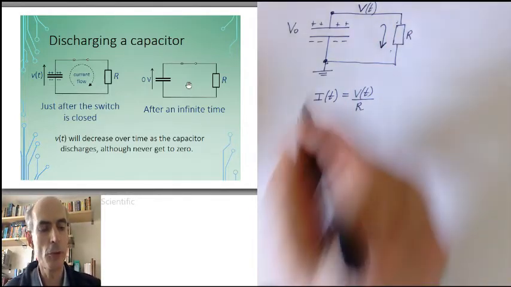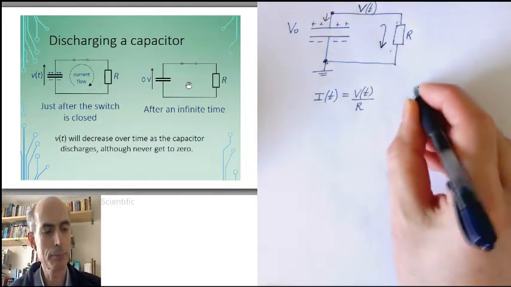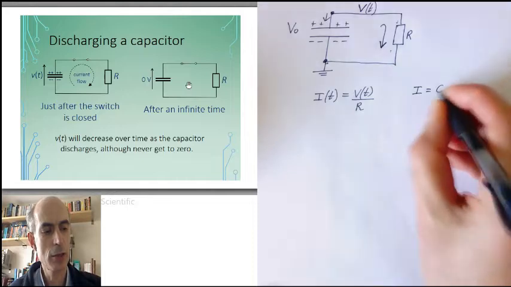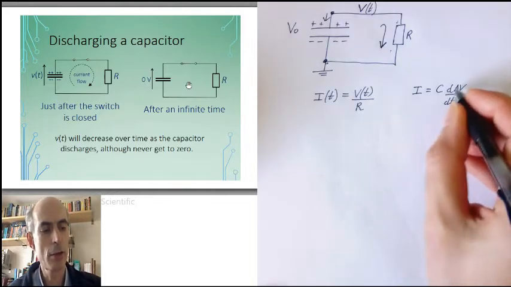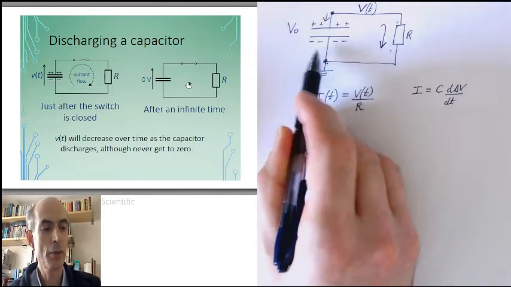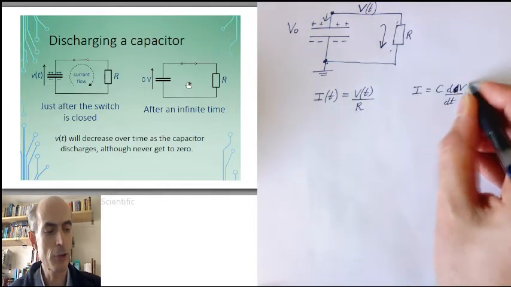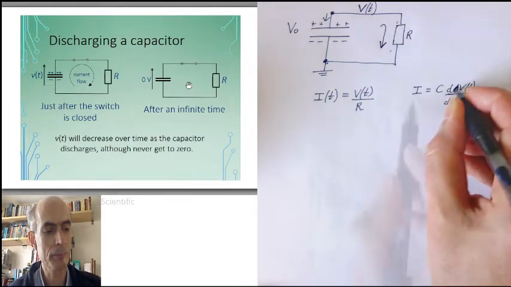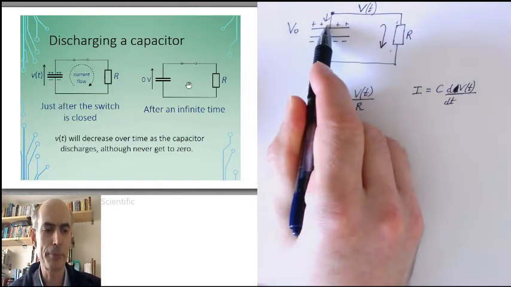We also know that the current flowing onto a capacitor, I, is equal to C times dV/dt, where V is the voltage across the capacitor. Once again, that's just going to be V, a function of time here. But bear in mind, this is the current flowing onto the capacitor.